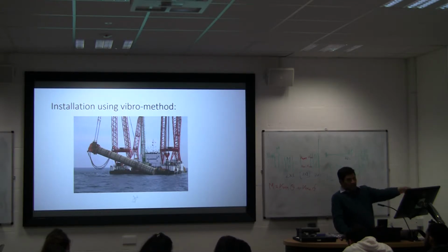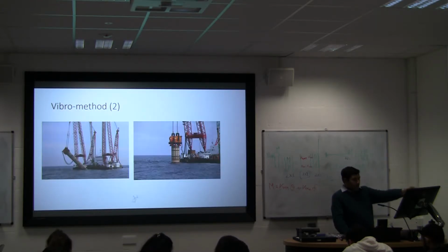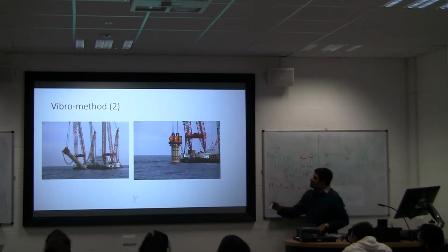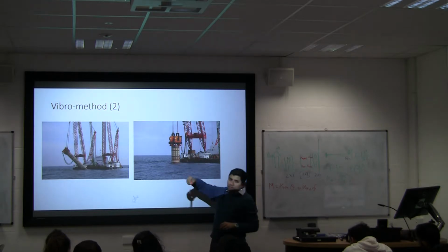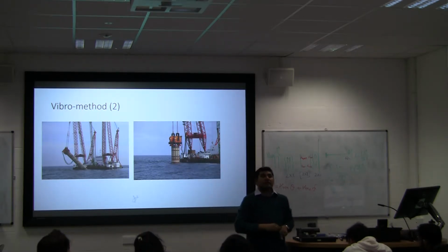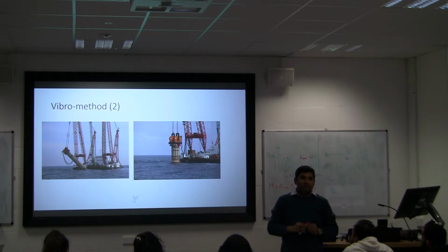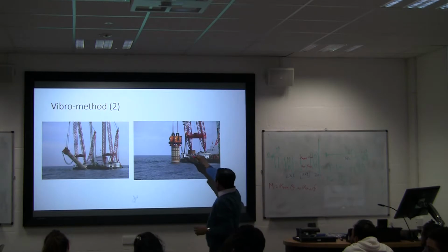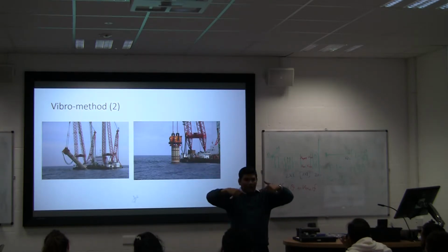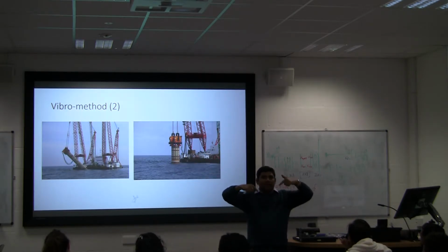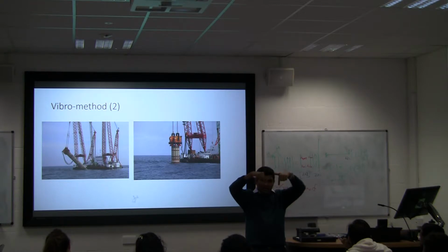So they can use a large vessel to append the pipe, put the pipe in place, and this vibro hammer can put the whole pipe down in the seabed without any impact hammering. Basically, there's a motor that turns like a double-acting actuator that creates a vertical force downwards, and you can put the pipe in place.